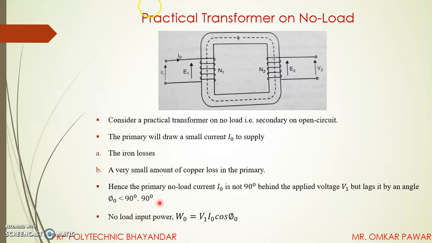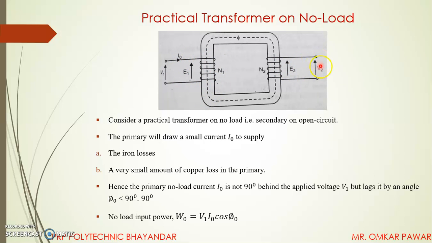Practical transformer on no load. First we will see the practical transformer on no load, that is, secondary is open circuit. The primary will draw a small current I0 to supply the iron losses in the transformer, and a very small amount of copper losses in the transformer because current flows only in the primary side.